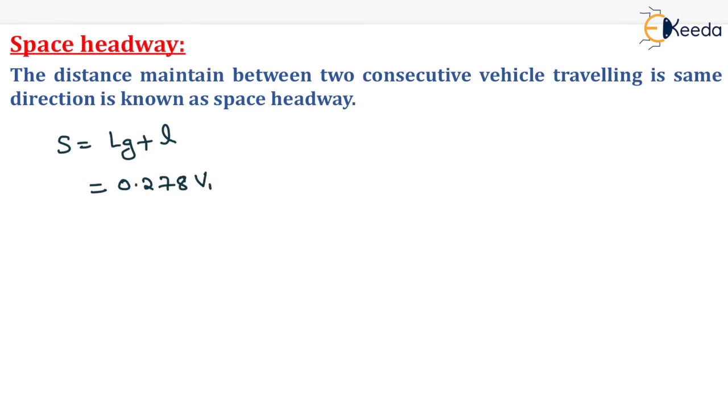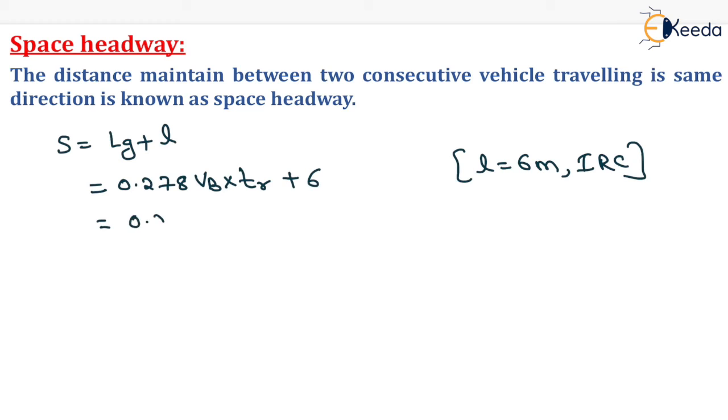0.278 Vb into Tr, and the length of vehicle as per Indian Road Congress is 6 meter. Now we know that the reaction time will be equals to 0.7 seconds as per the Indian Road Congress, plus 6 meter.